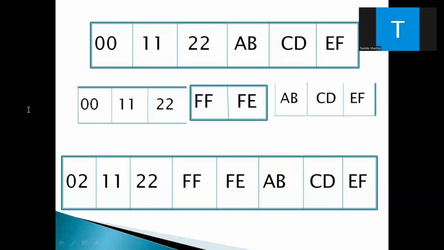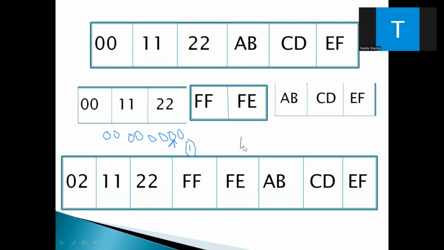Okay, let me write 0, 1, 2, 3, 4, 5, 6, 7, 8. So its 7th bit is 0. I have to complement it with 1 as per the rule, and if we have 1 here, we complement it to 0.